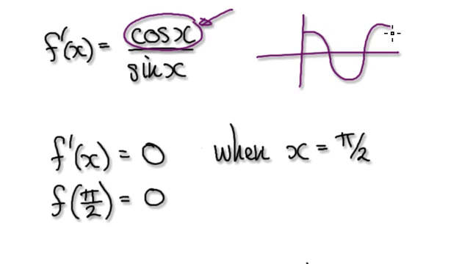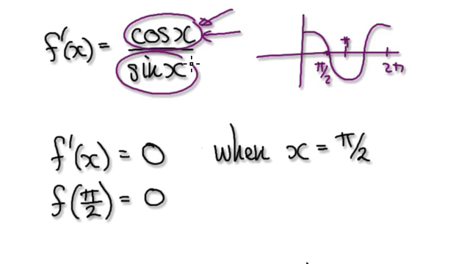This here is 2 pi. This here is pi. So this bit here is pi over 2. This thing here would be 0 at cos pi over 2. Now just make sure that this doesn't equal 0 at pi over 2, otherwise it would be 0 over 0.